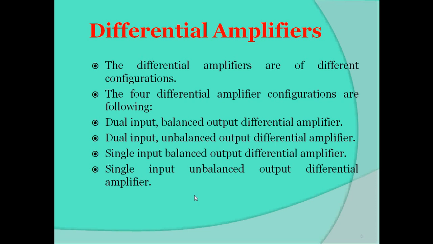So this circuit is the basic differential amplifier circuit, from which we can derive the remaining three differential amplifier configurations. The differential amplifier has four different configurations: dual input balanced output, dual input unbalanced output, single input balanced output, and the last configuration is single input unbalanced output differential amplifier.